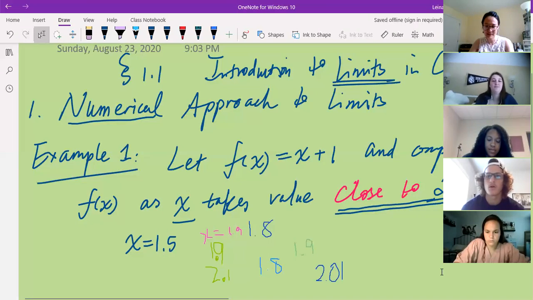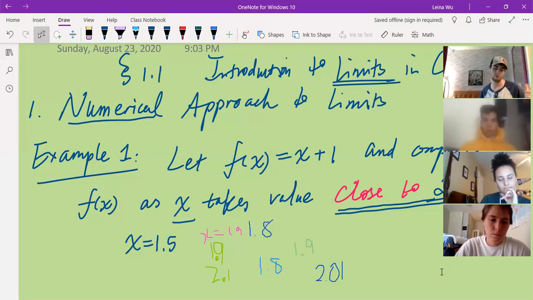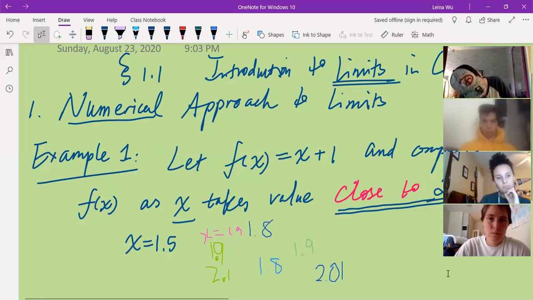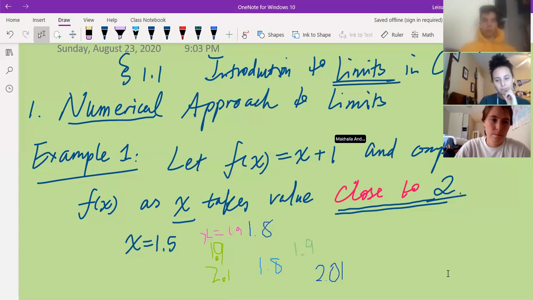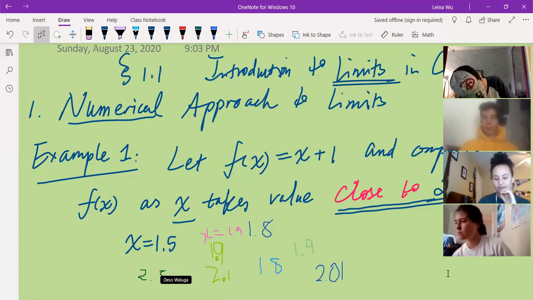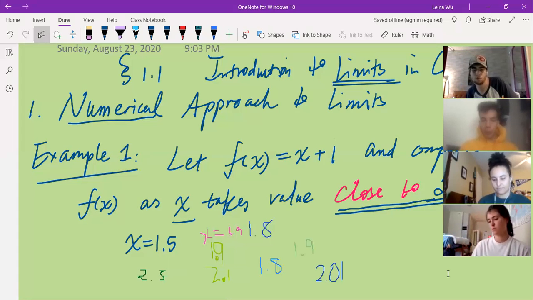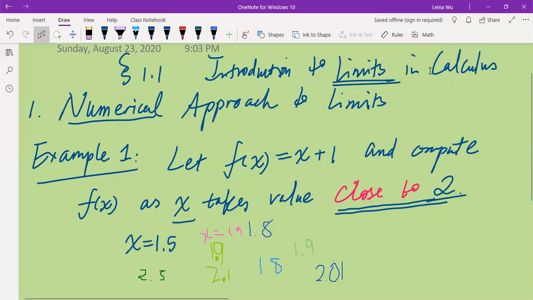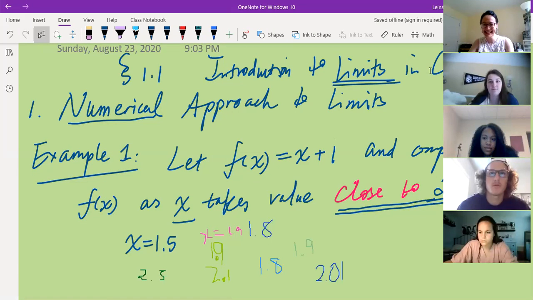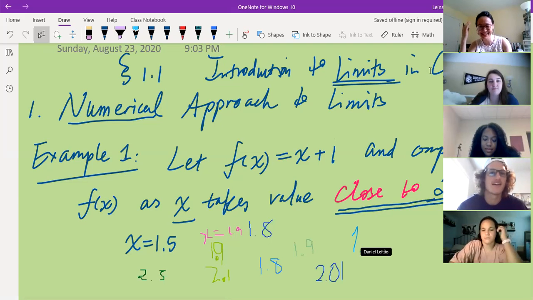Carson, can you annotate on the screen? I'm trying to figure out where the annotate button is. Okay, Monica, Daniel, have you guys found the annotate button? Deuce, yep, 2.5, okay. Carson, have you found your annotate button? No, I don't know where it would be. Carson, do you see that you are viewing Lena Wu's screen?